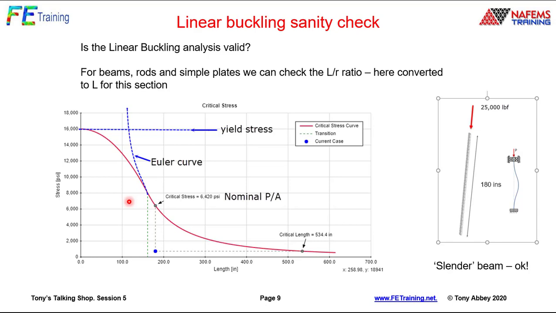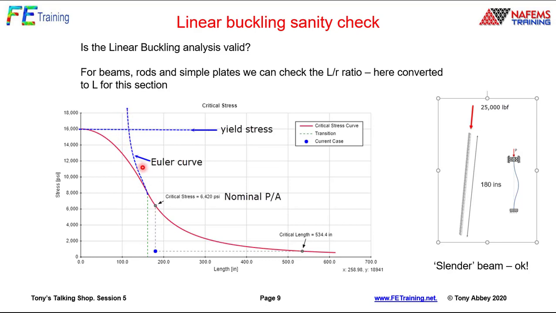There's a few things we need to think about here, particularly the length to slenderness ratio, an L over R ratio, which gives us an upper bound on where the cutoff is before we go from slender theory, Euler type theory, a slender beam. Our beam is 180 and it's sitting on this red Euler curve.